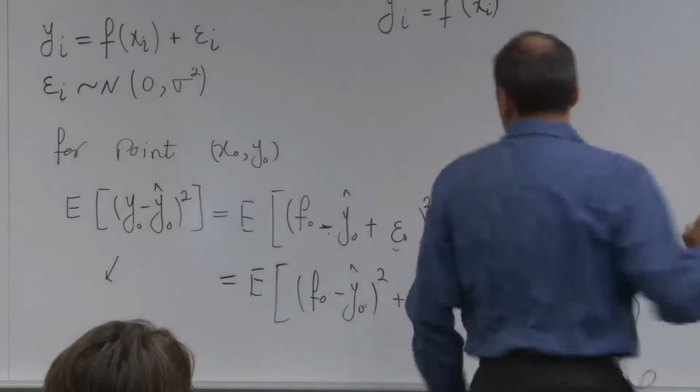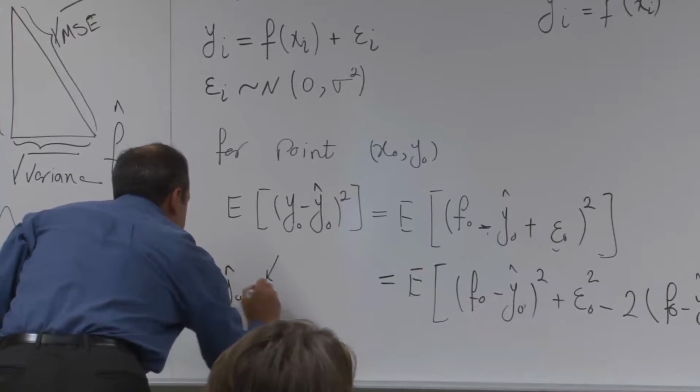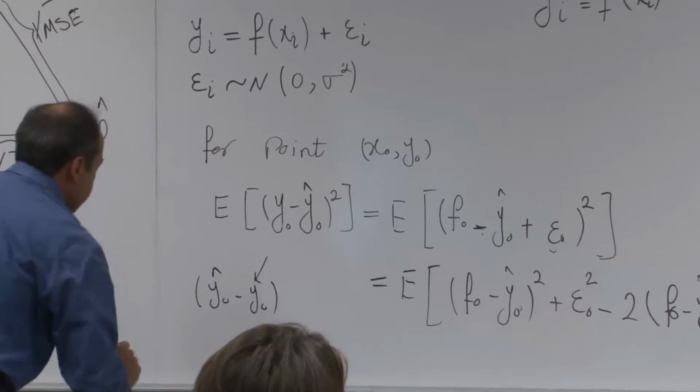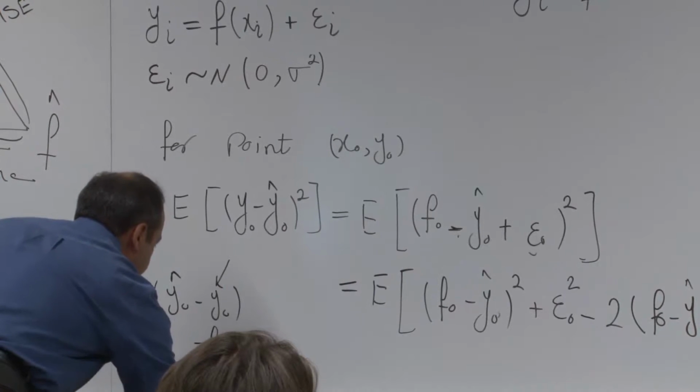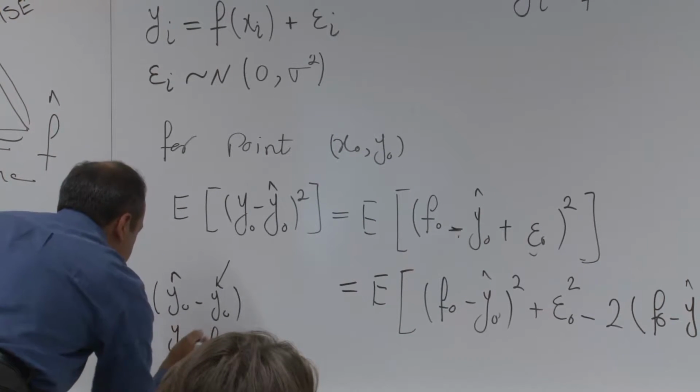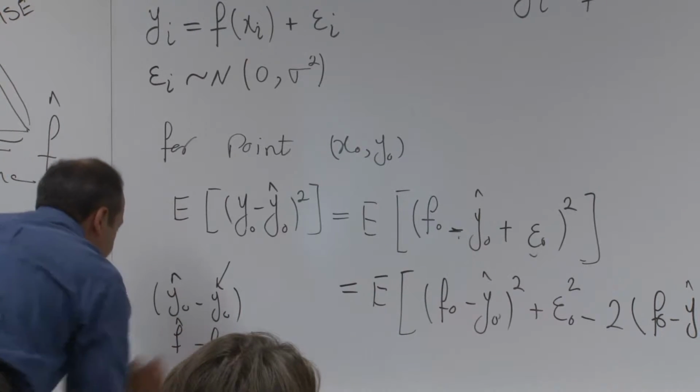We want to minimize this. This y is f plus epsilon, and this y hat I can either write as y hat or f hat.